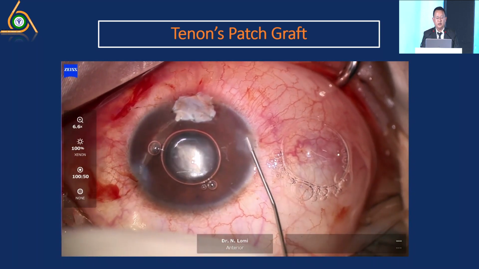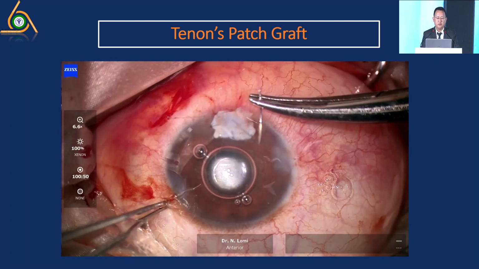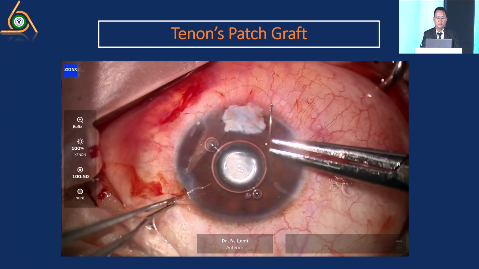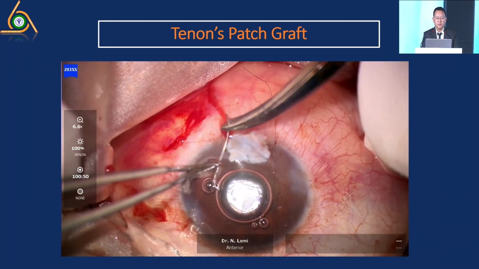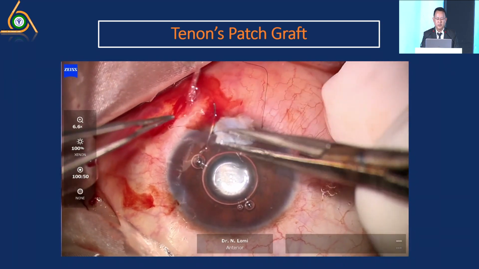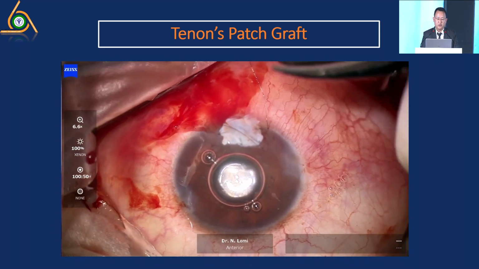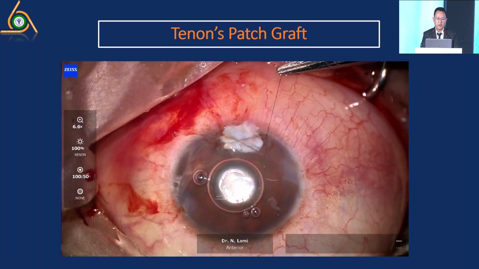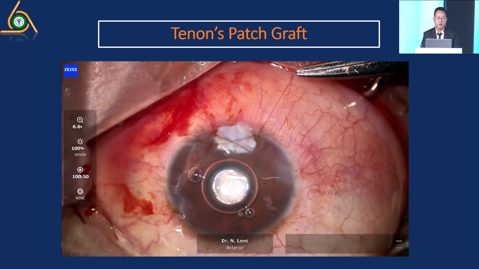Here another suture you can place, the restraining suture or the overlay suture. An X suture can be placed over here to minimize or limit the extrusion of the Tenon's. You have to maintain that the cross center should be over the perforation site.